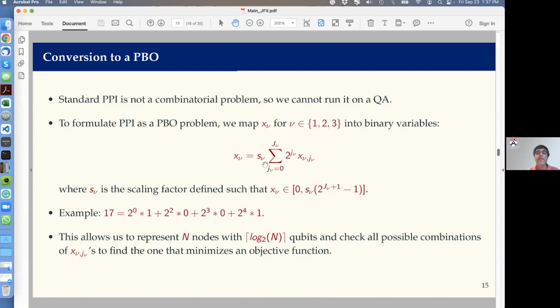It cannot be negative, but it cannot be more than the total amount of output. So if you want to express the number 17, this is the way you will do it in binary. And you can do this with any value you want for x1, x2, and x3. That basically means you can represent n of these values using log base 2 of n qubits.